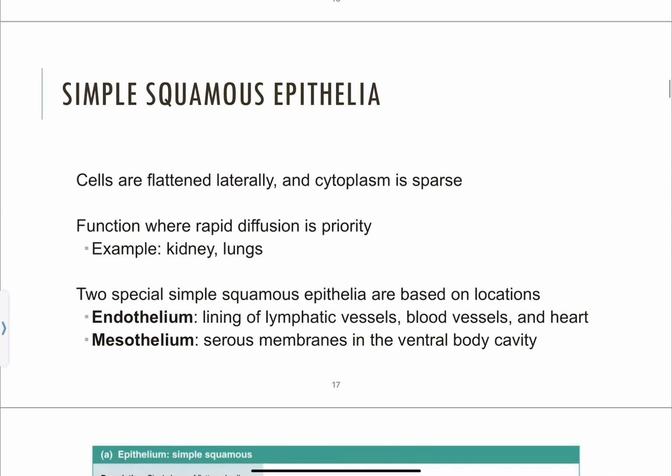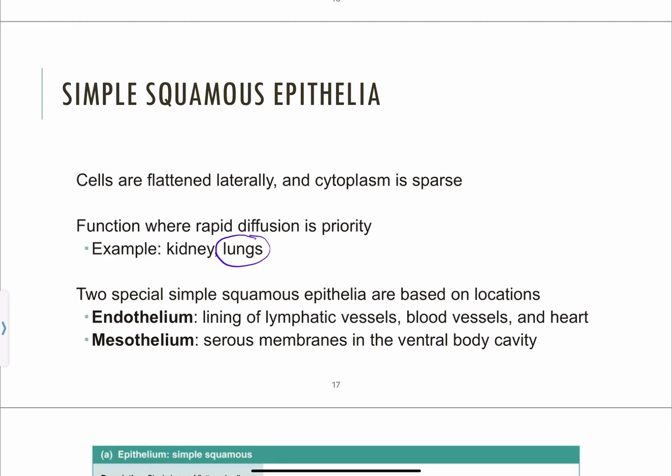So if we're talking specifically about simple squamous epithelia, this is predominantly found in your lungs. You can also find some in your kidneys, but I'm worried about one particular organ where you can locate this. And in this case, for your lecture exam, it is going to be the lungs. We do have 2 special simple squamous epithelia, and we name them accordingly. So we have endothelium. This is the lining of lymphatic vessels, blood vessels, and the heart.